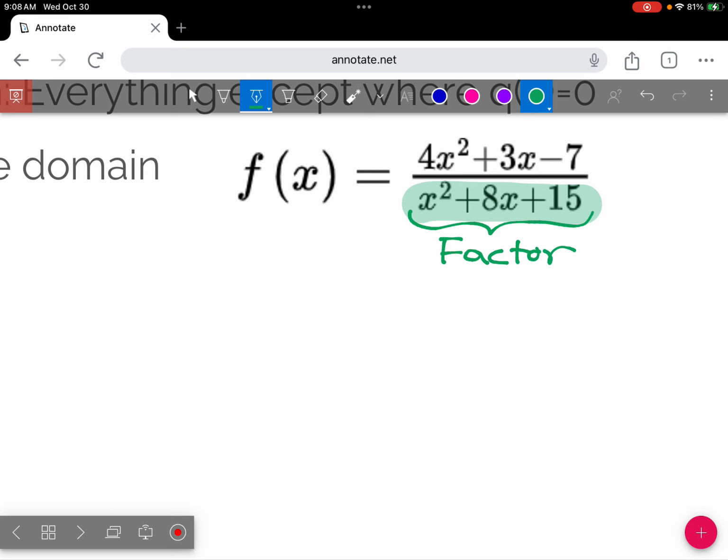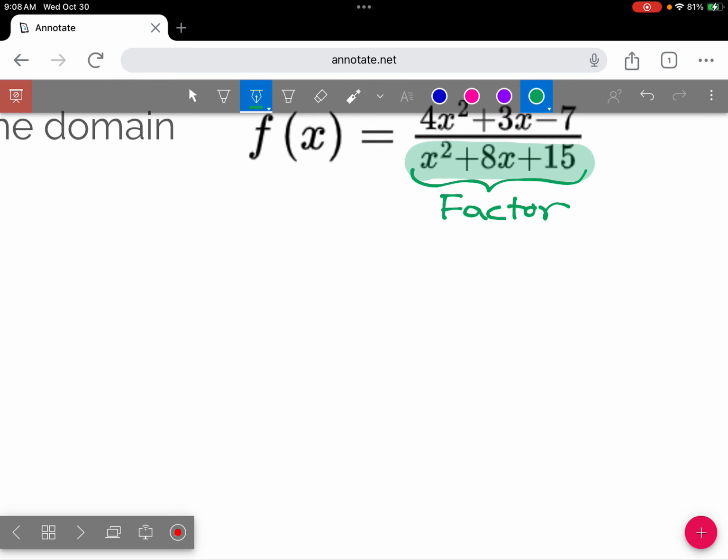We're going to factor this. So do that. Factor that. What do we get when we factor this?